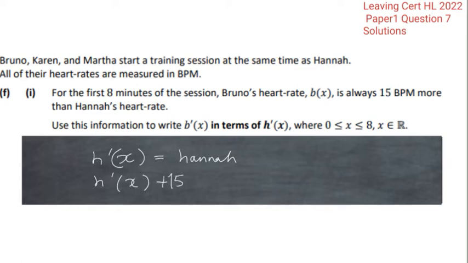Then we add our 15, and that will give a result of 6x squared minus 57x plus 105 plus 15, which is plus 120 overall.